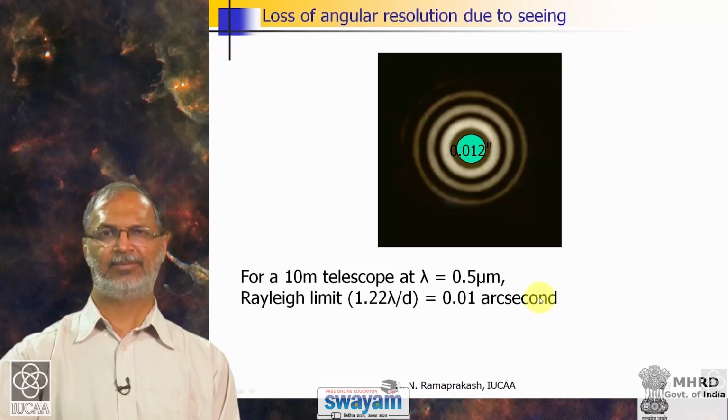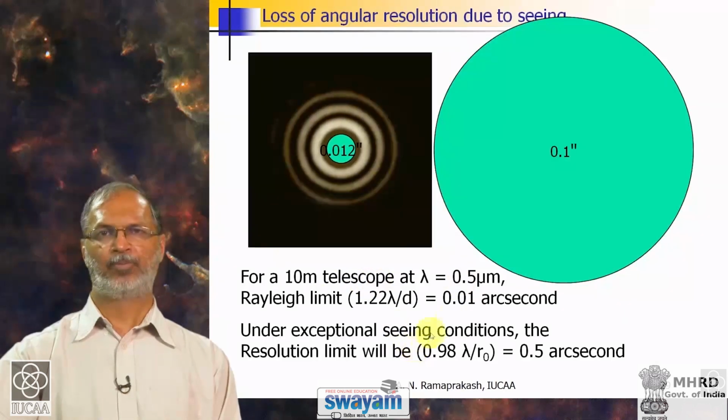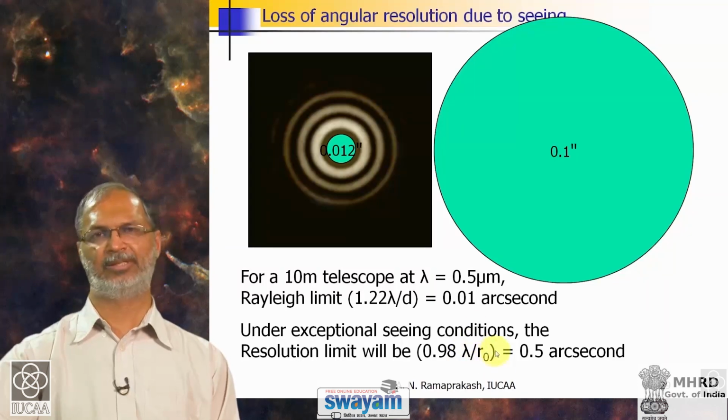But on the other hand, if this light passed through the atmosphere before reaching this telescope, the typical R0 value could be of the order of 10 centimeters, which means that defines the image size, overall image size, the area over which the light spreads over the telescope focal plane.